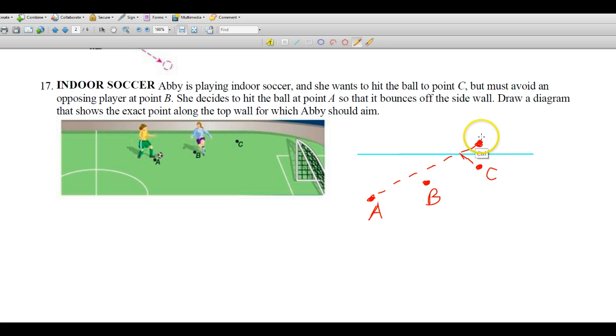So this shows that I would hit the ball and it would bounce off. If I hit at this point, it would bounce off and end up at point C.